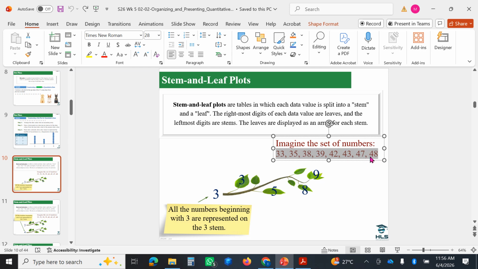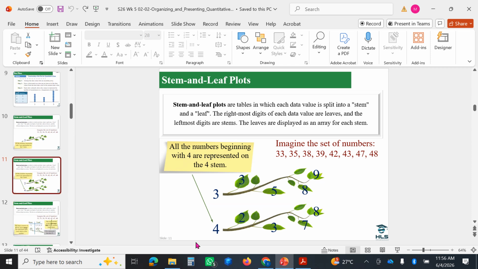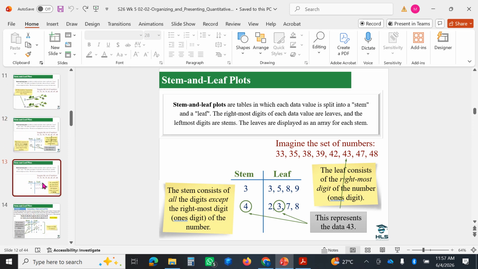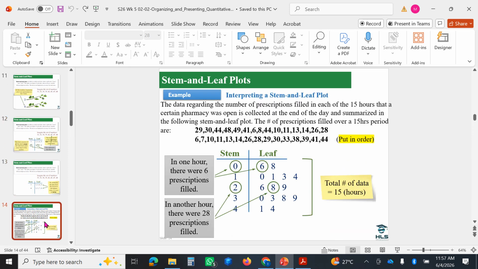You have to put it into order, because the numbers have to go in order, right? 33 is lower than 35. 35 is lower than 38. It's got to be sequential. You can't have an 8 here and a 4 here. And that is represented here as well. Okay, good.